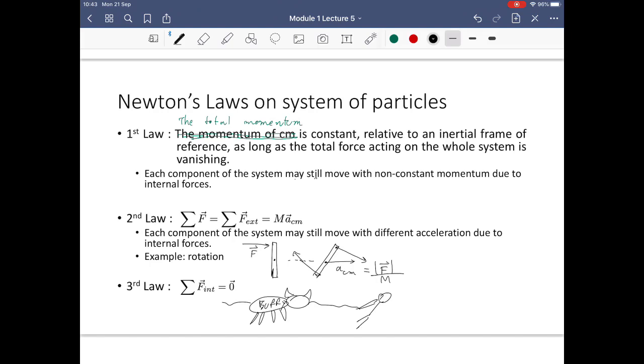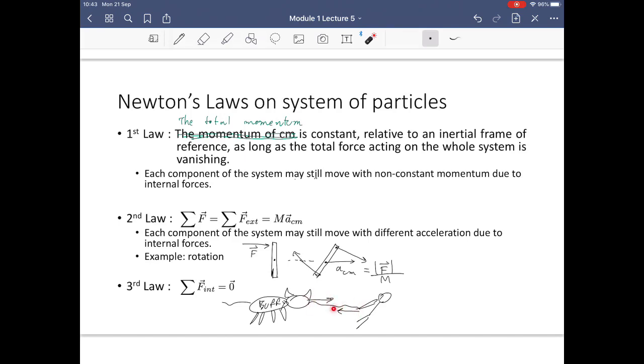We discussed last time that for the Buffy he will see the force pulling from the guy, and for the guy he will see the force pulling back. Okay, these two forces are action and reaction forces.